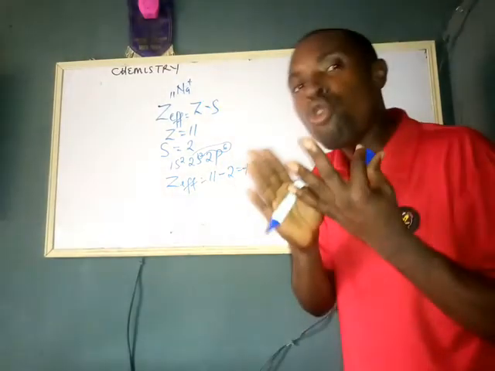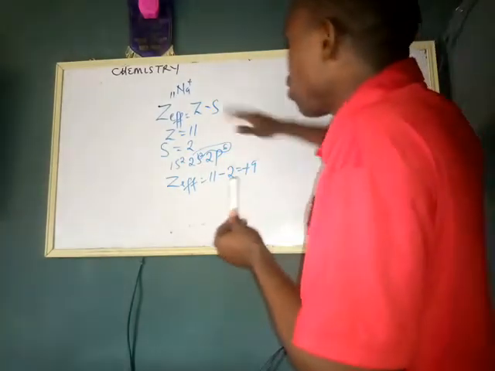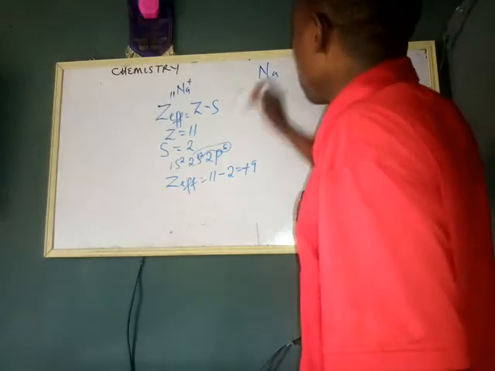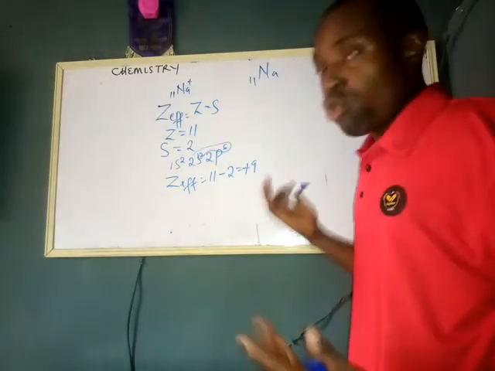Now the rule will change when I'm talking about sodium atom. Sodium atom has atomic number of 11. You are aware.